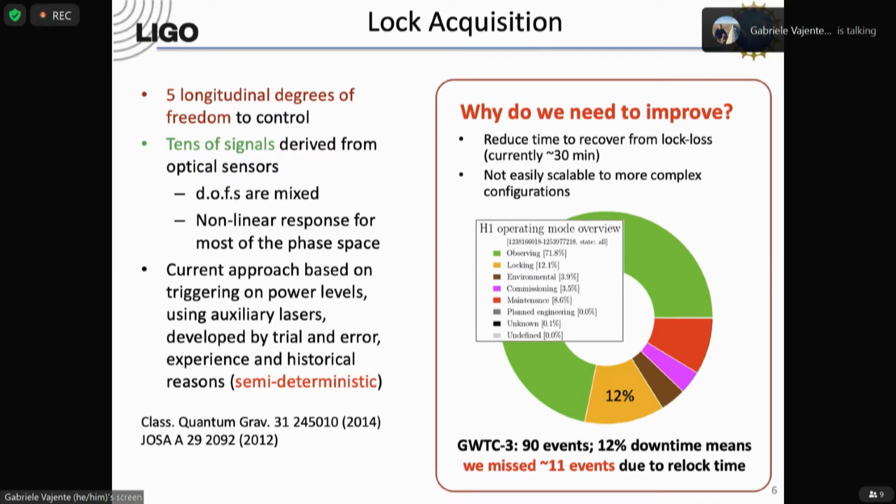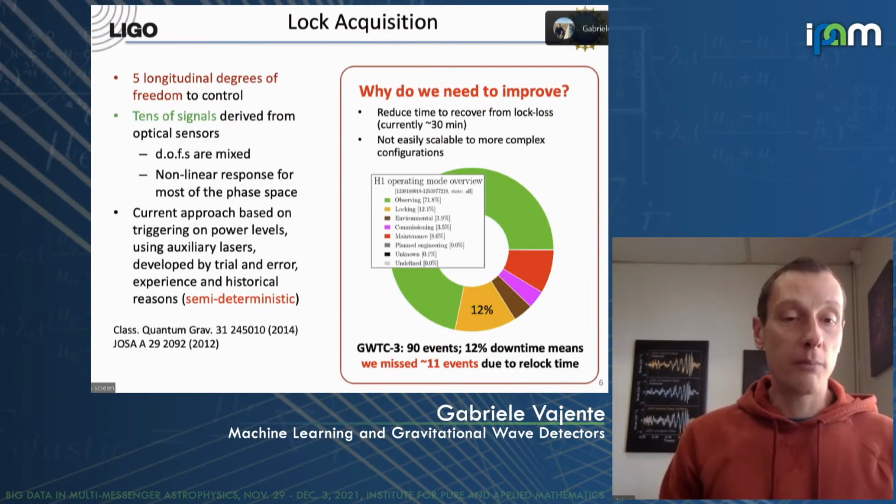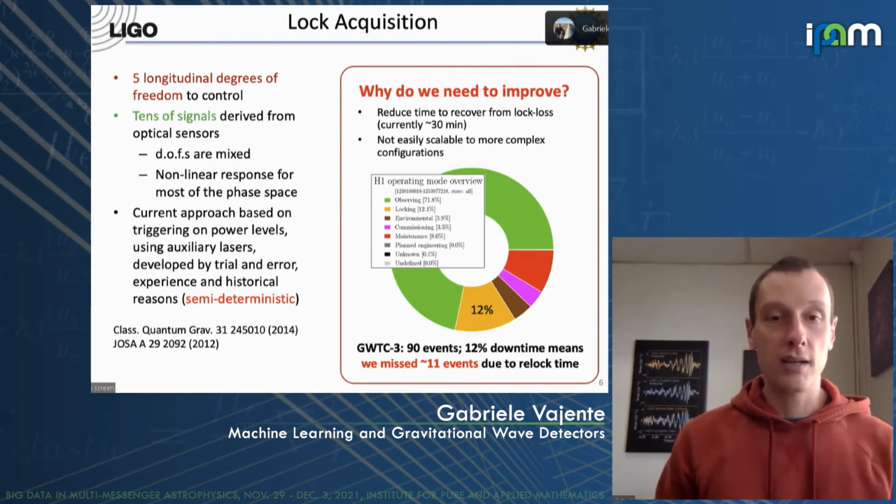The current approach for lock acquisition is based on triggering power levels using auxiliary lasers. It's a complex system that has been developed over years by trial and error, and is based on experience and a lot of historical reasons why things are done that way. It works, but it can definitely be improved. It's nowhere close to any optimal strategy.